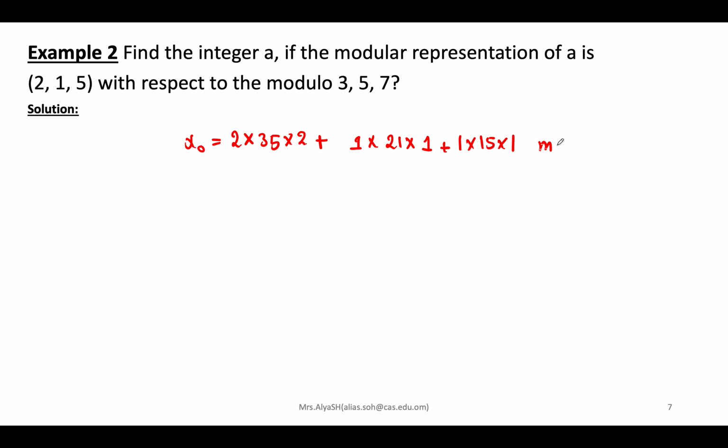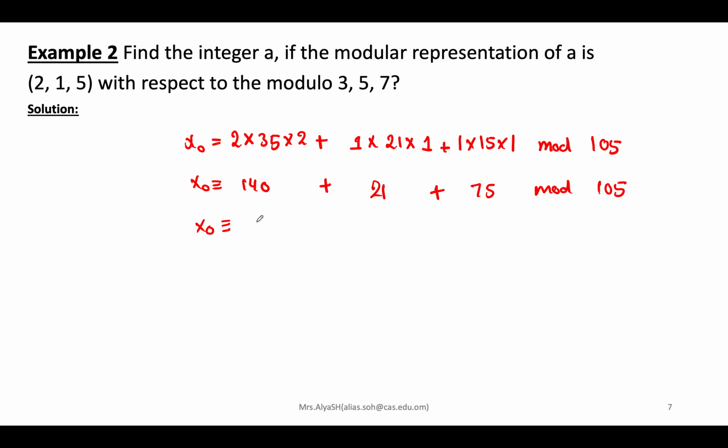Then all of these mod 105. So here we got that x naught is congruent to 140 plus 21 plus 75 mod 105.